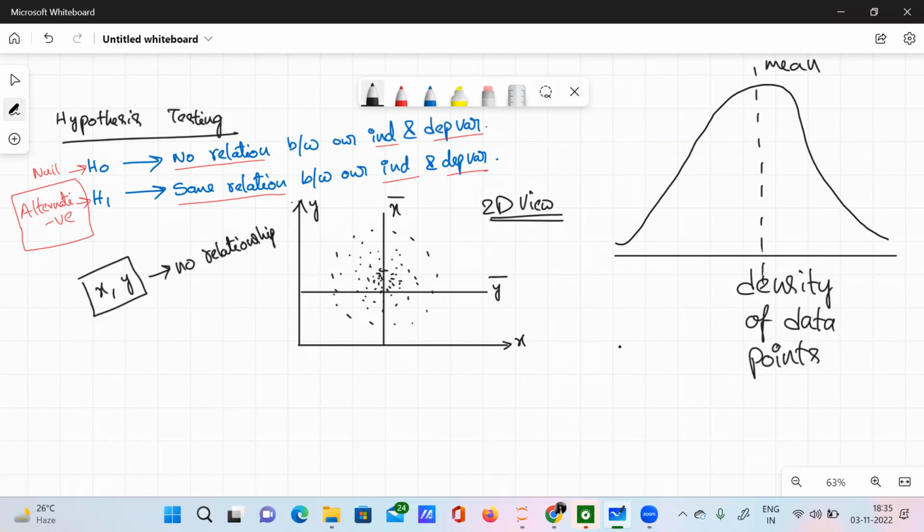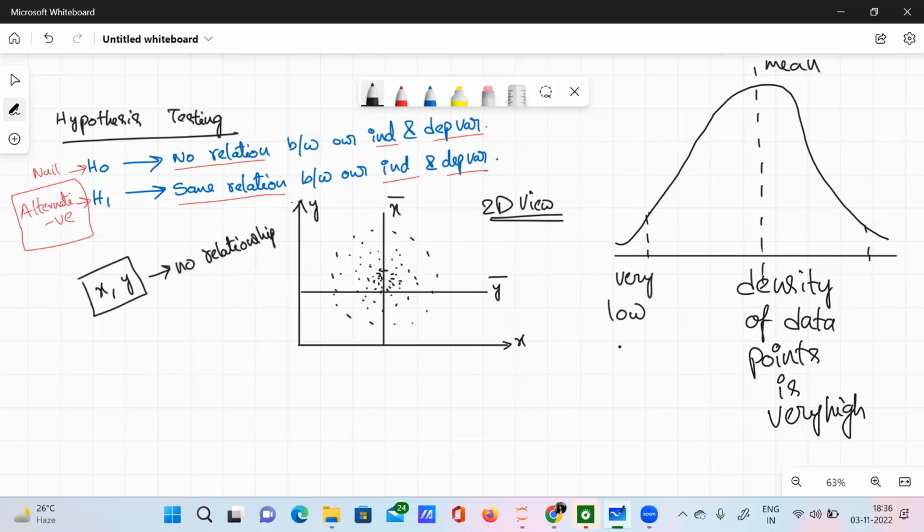The density of the data points is very high. Where? At the center of the data, the density of all the data points would be very high. And if the data points are lying far away from the mean, the density would be very low.